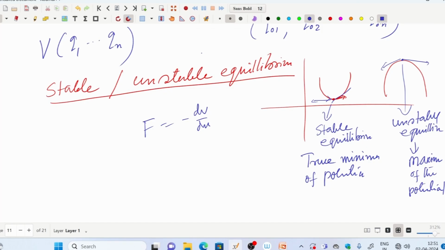If it is unstable, a slight disturbance will throw the particle out of its position, and if it is a stable equilibrium, then when you disturb it, it will pull back. Okay. So, with this, let us now try to expand the general potential around an equilibrium.